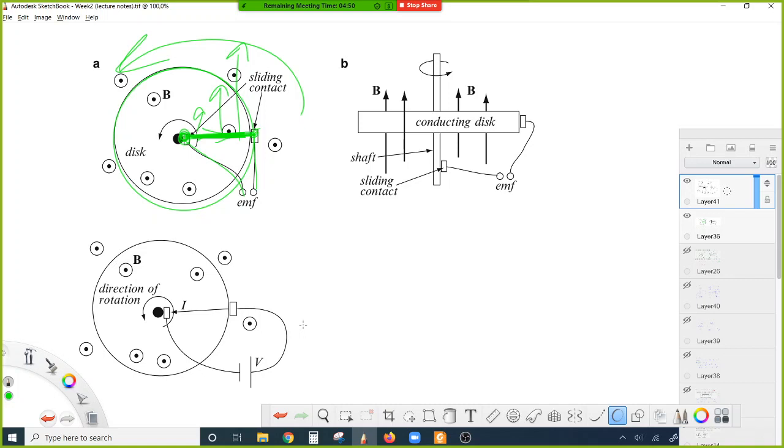Here I have shown that current will go through the disk in this direction. When we apply some voltage to the axis of the disk and to one end of the disk, current will start to move, and because of the moving current there occurs a force acting on the current.